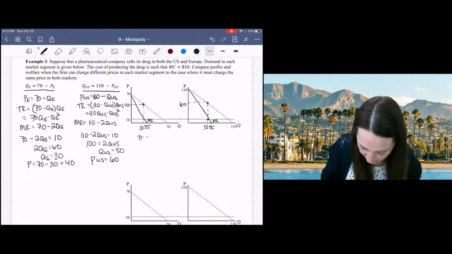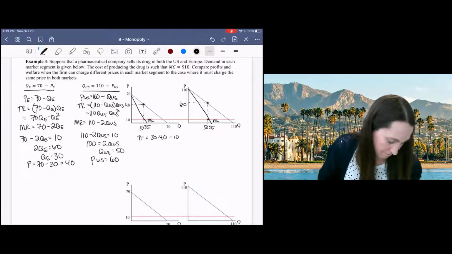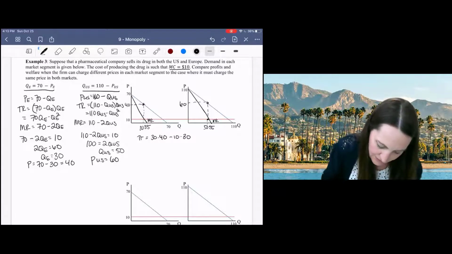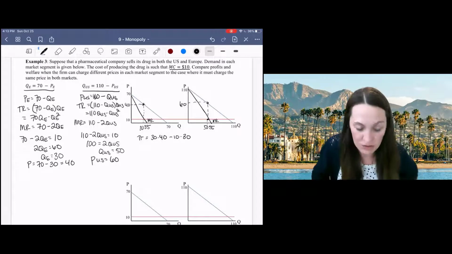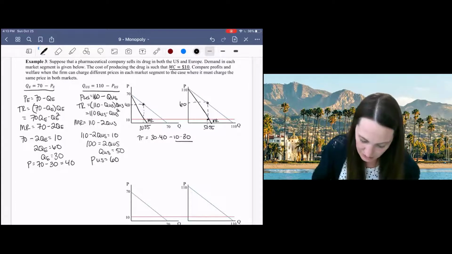So profit will be our total revenue minus total cost. And here total cost, because we don't have any fixed cost in this problem, we just have a $10 marginal cost. So we can calculate our total cost just as $10 times the number of units that we've sold.